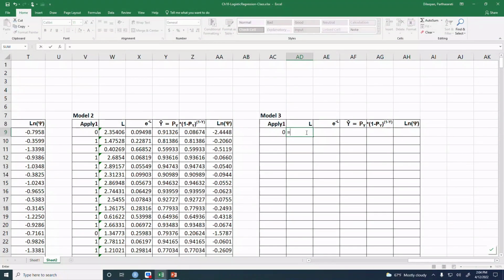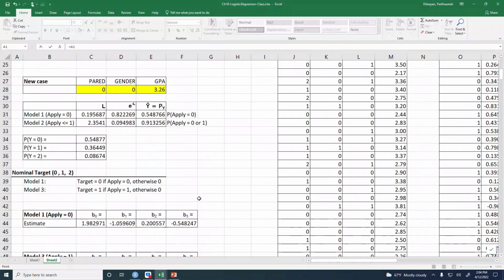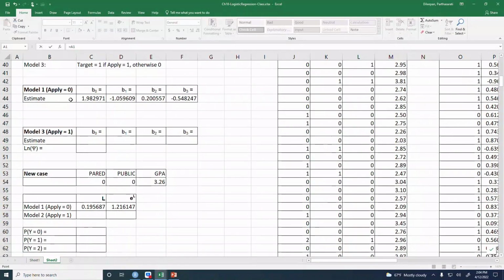Now this is for the third model. Now you have to set up the maximum likelihood function and run solver. So L will be, this is our third model, and these are the cells where we're going to determine the B coefficients from solver.